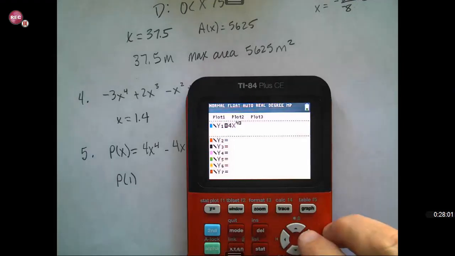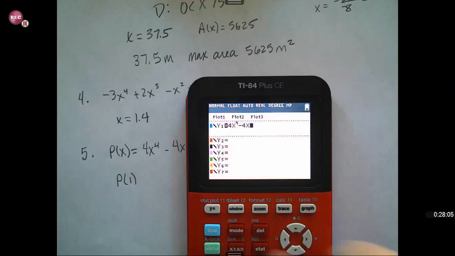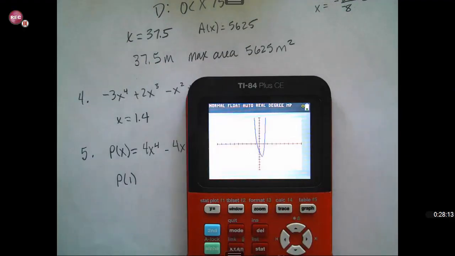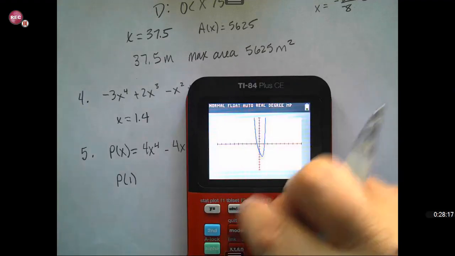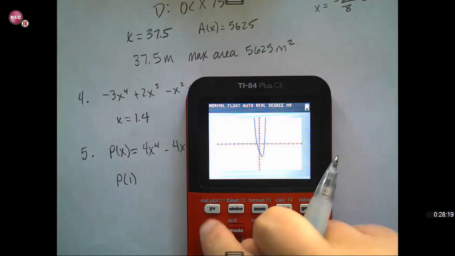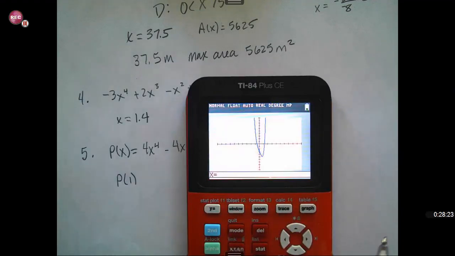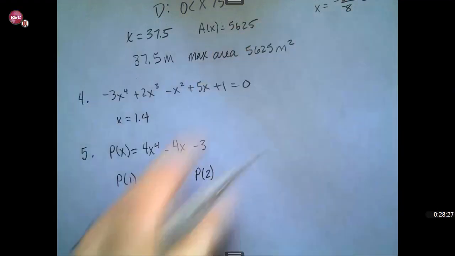Just looking down at the next problem. Minus 4x minus 3. And what I'm going to do is I'm going to have it graph that. And then I'm going to do second trace calculate the value, which is 1, and I'm going to plug in 1, and I get negative 3.